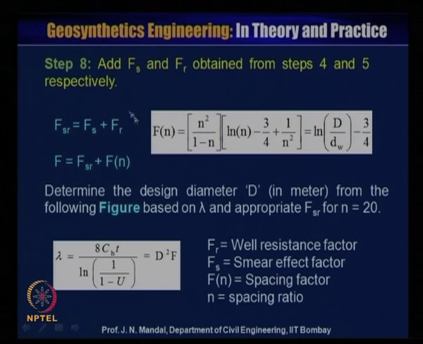So all combined gives F is equal to FSR, that means Fs plus Fr plus Fn, where Fn means spacing factor. So it is a combination of the three factors: oil resistance factor plus mere effect factor plus spacing factor.